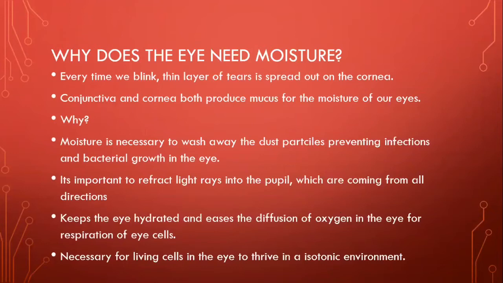And then lastly, moisture is necessary for living cells in the eye to thrive in an isotonic environment. Isotonic environment means that the water potential inside the cells and the water potential in the outer environment of the cells remains the same, so there is no osmosis taking place and cells are thriving.